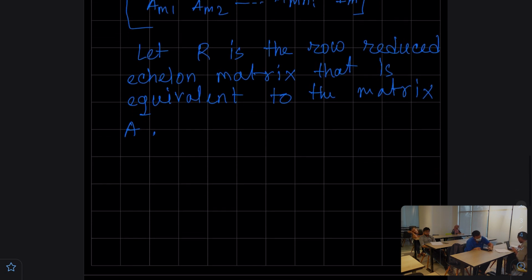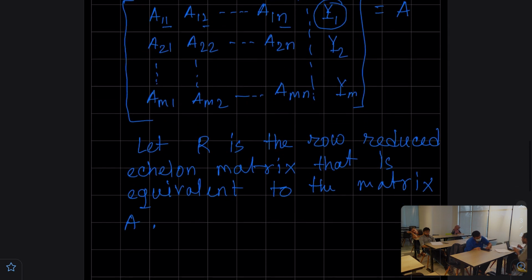Now, I can apply this same sequence of elementary row operations on this column as well, right?